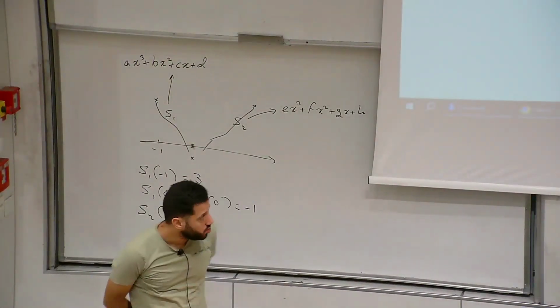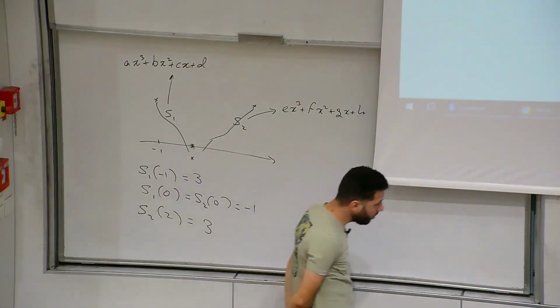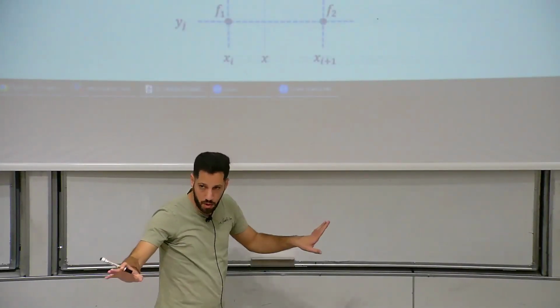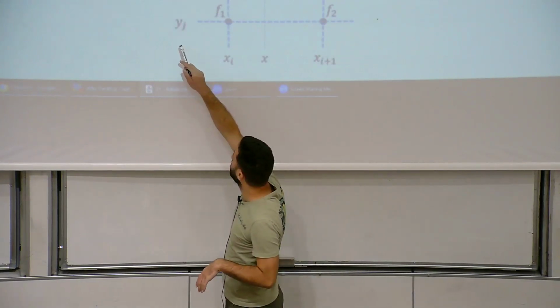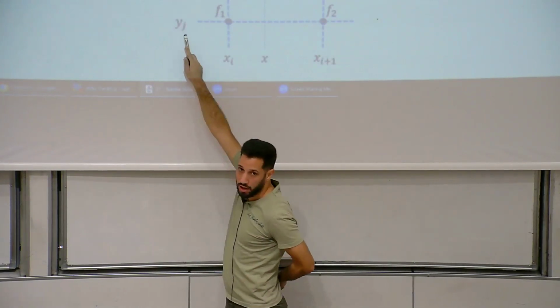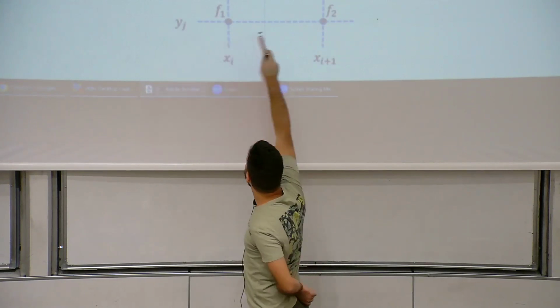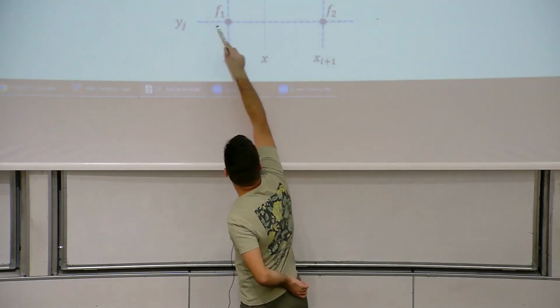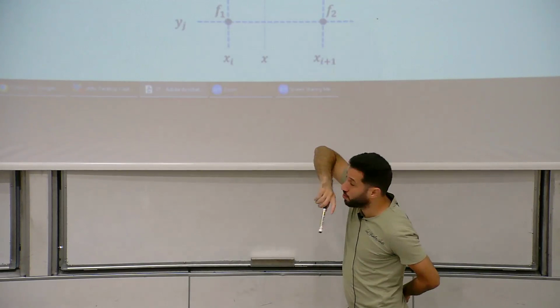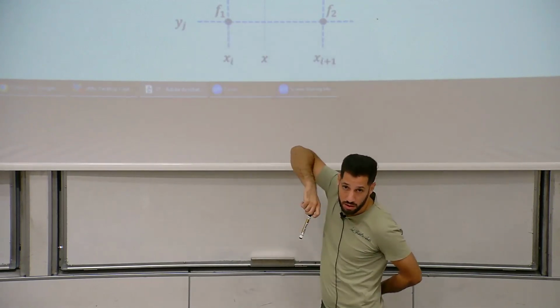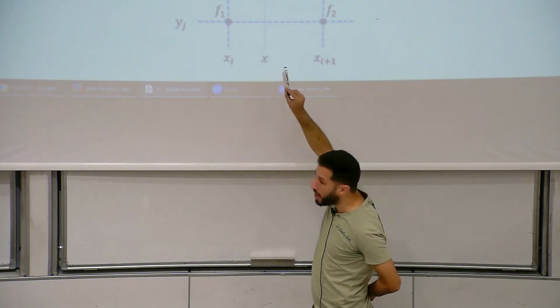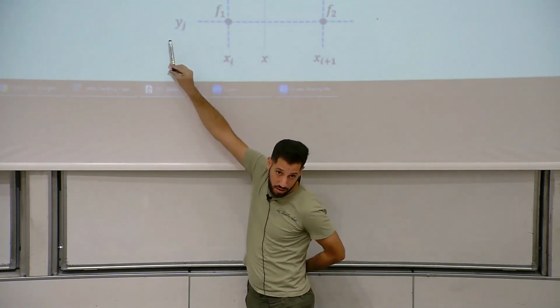If we want to use only these points, we can fix y here and ask what's the function that interpolates these two values. So it's a function f of x for a fixed yj.